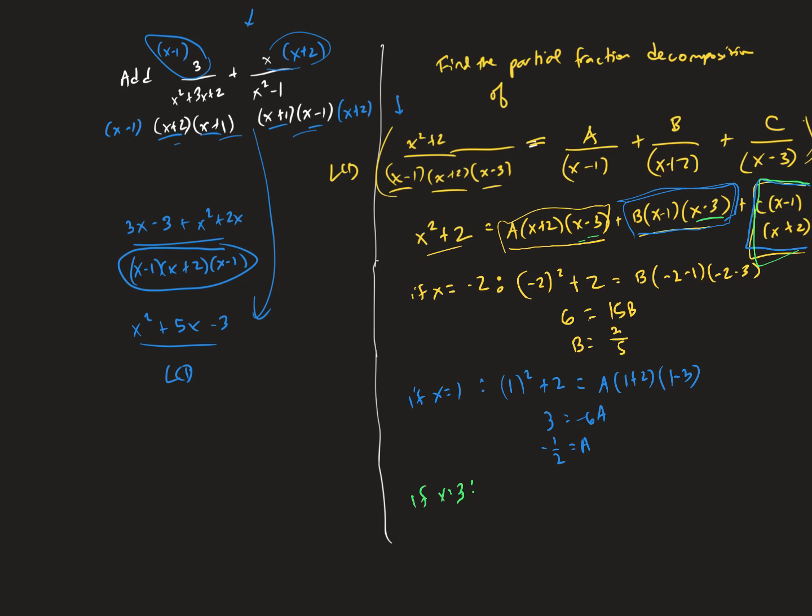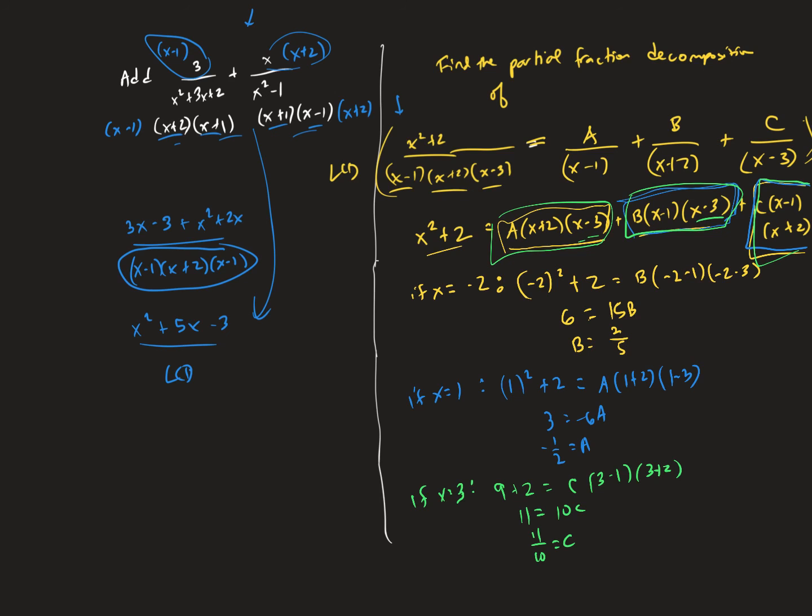When x is 3, that's going to go away, and that's going to go away. So what I'm left with is the left-hand side and the c stuff. So what I get is 11 equals, that's 2 times 5, so 10c. So c is 11/10.